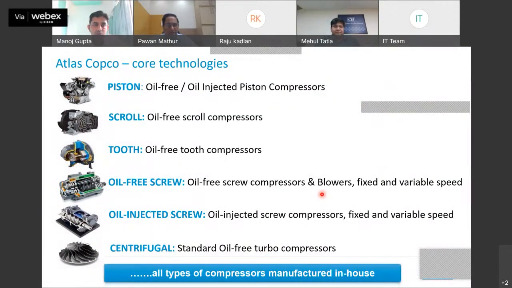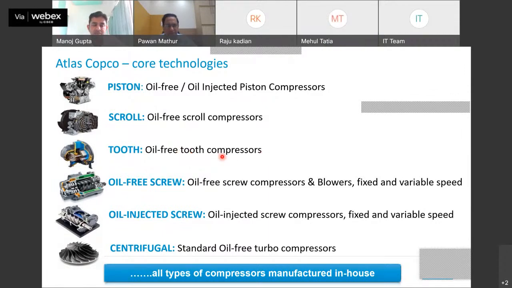We have different core technologies available in-house with us, like oil-free piston compressor, and oil-free and oil-injected piston compressor for high pressure application. We have scroll compressor for very low air demand, very less CFM. Then we have tooth compressor, also available oil-free, which for a small compressor can give up to 200, 300 CFM.